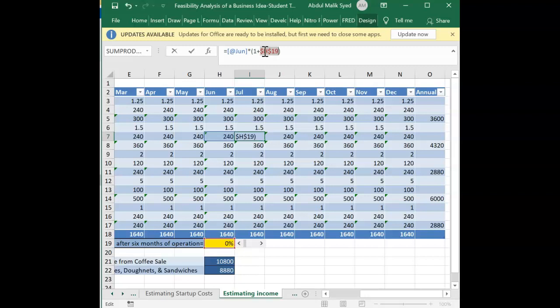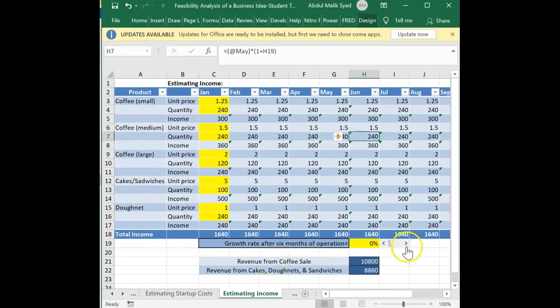So F4 to fix the growth rate cell. Now look what happens if we change the growth rate. You can change the growth rate and see what's happening.